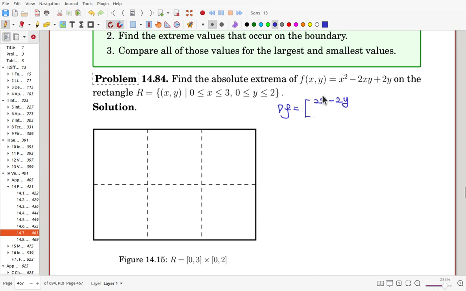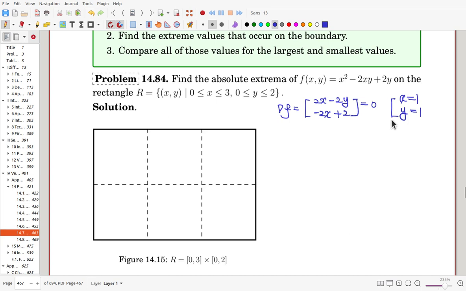Now the y derivative is minus 2x plus 2. Setting these to 0, from the second equation we know that x is 1. From the first equation, x is y, so y must be 1. So we found (1, 1).